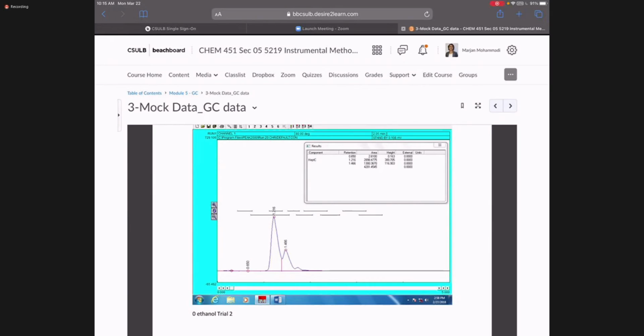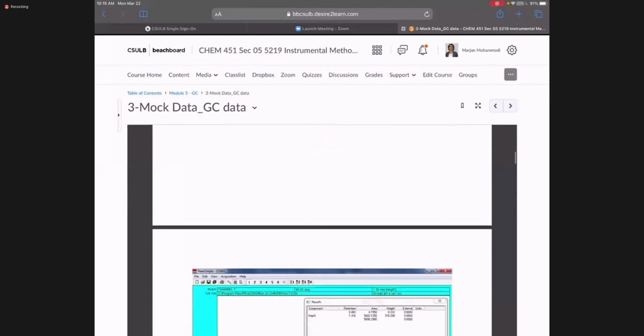This might be a little bit remaining of previous ethanol in the machine, but the two major peaks are going to be at retention 1.216 and 1.466. So these are the hexane.